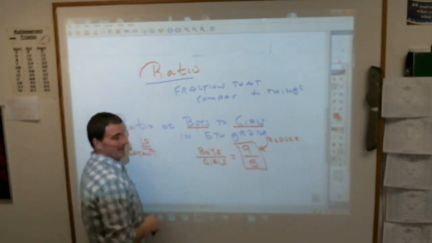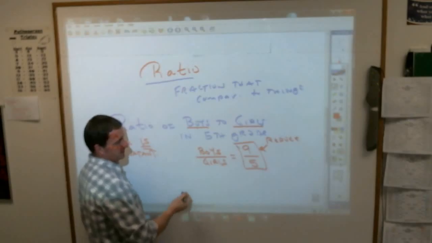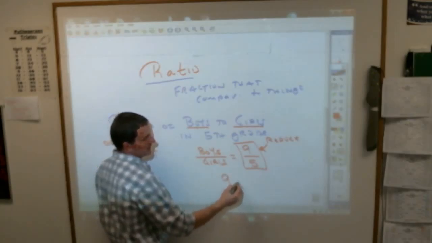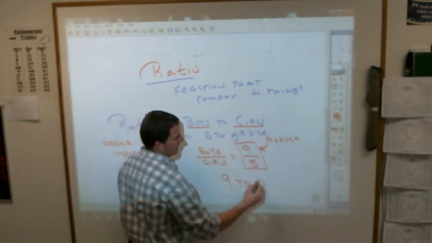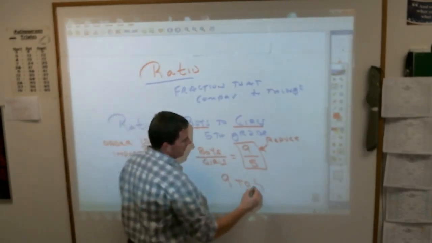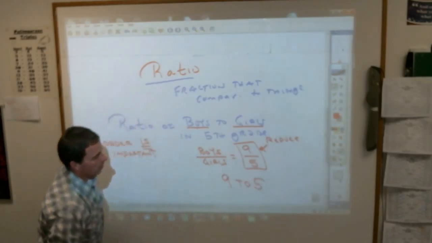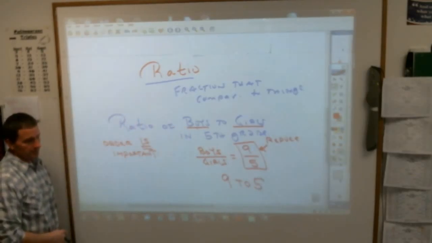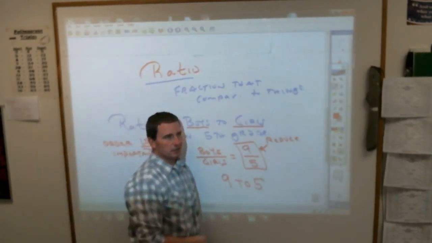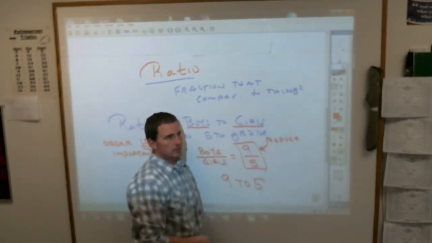We can also write it out in words, and it would be kind of the same thing like we've done before. You would just write 9 to 5. Or every once in a while, it's the same thing in English when you're doing, what are those things called, where you compare things?